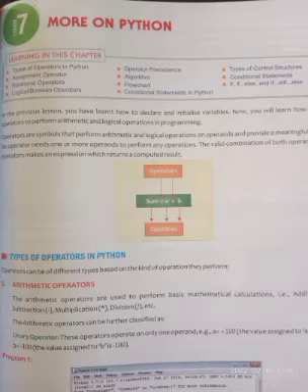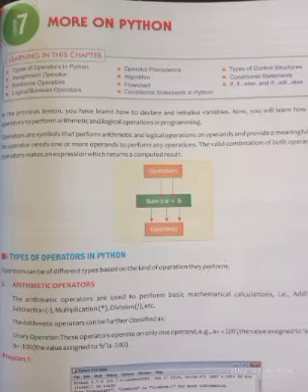Replicate means to make a duplicate copy. In Python you can join two strings. Suppose my name is one string and the second string is Gautam. Both can be joined in Python. Some programs are given, you can see those programs.